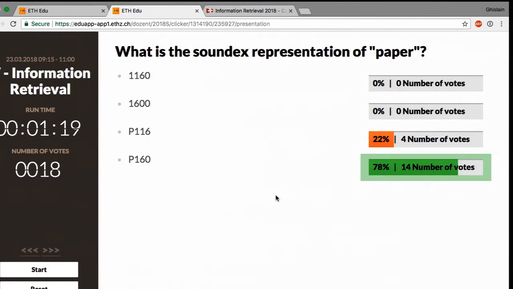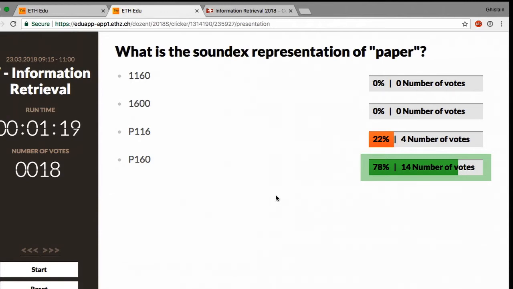And the trick was just that the first P is actually not replaced by a number, because it's the first letter. And even if it had been, it could have still been 0, 1, because there would have been the 0, the A, in the middle. So the only reason why P116 is not the right answer is because the first P is not converted to a number. The second one is not the correct answer also for the same reason. We need the first letter, and the first one also. Okay, so this is the Soundex.